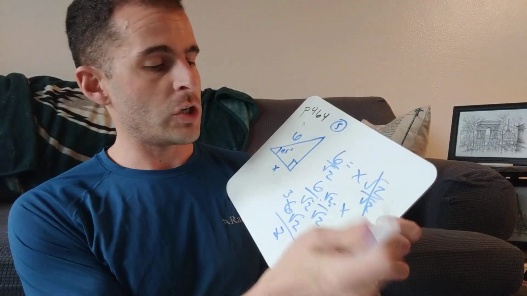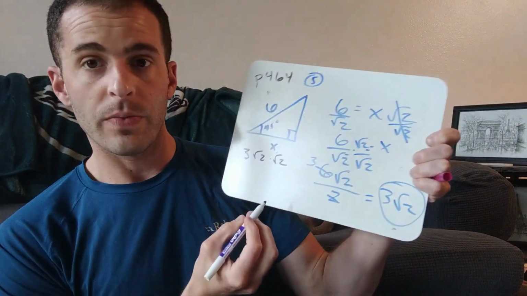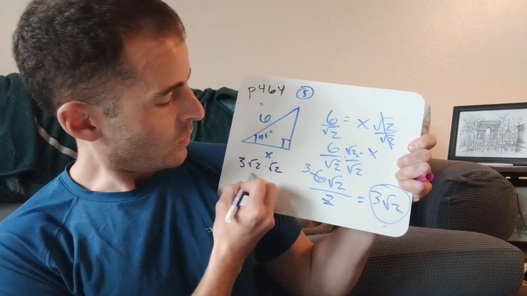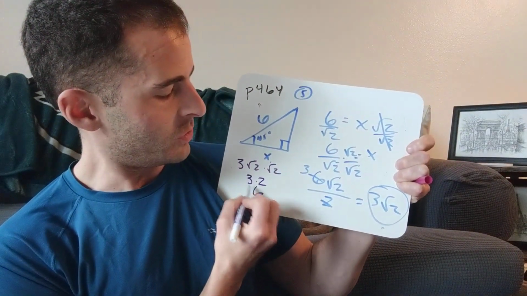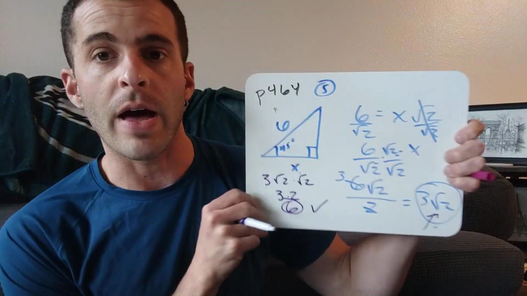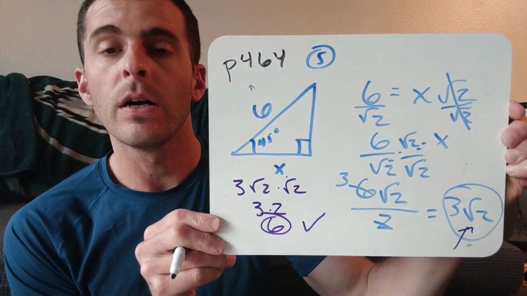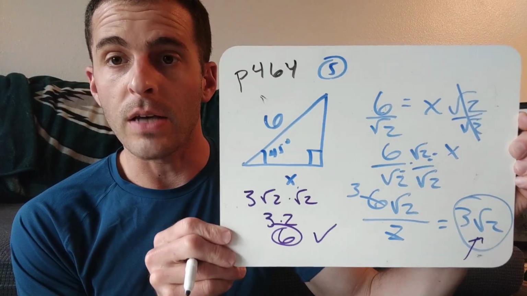So let's check our work. 3 rad 2 times rad 2. Will this get me 6? Well, rad 2 times rad 2 is 2. So 3 times 2 is 6. So I did check my work, and this is the value of x. You might want to pause here, copy this down before you try the problems that I assign. Okay?